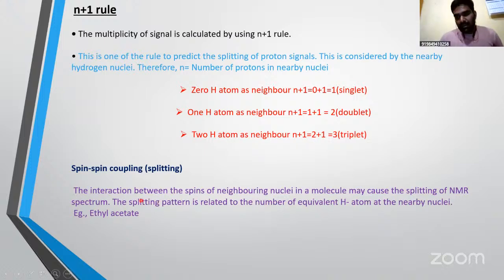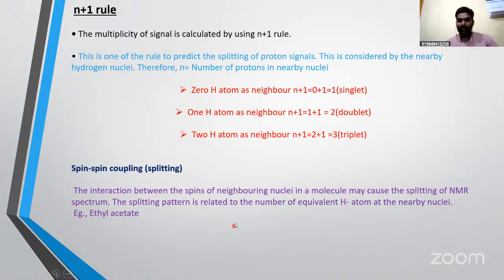NMR spectrum splitting may occur due to the interaction of spins of the neighboring nucleons. The splitting pattern is related to the number of equivalent hydrogen atoms at the nearby nucleus.